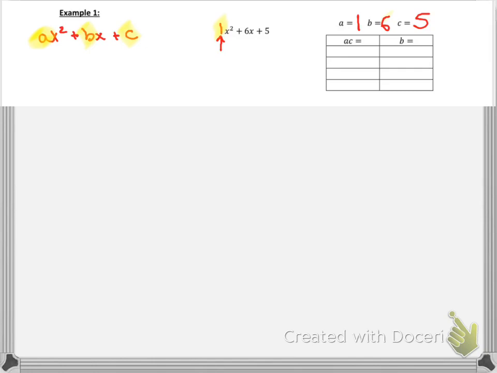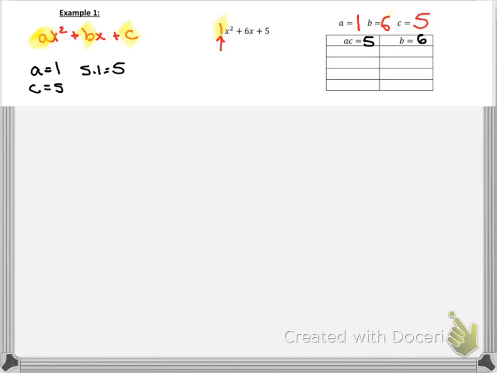If you're on the same page with me, then you can multiply a times c. In this case, our a is 1, our c is 5, and 5 times 1 is equal to 5. So we write that over here, and then we write our b, which is 6, over here.